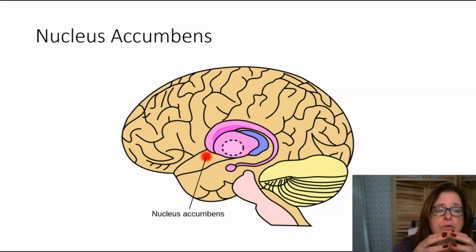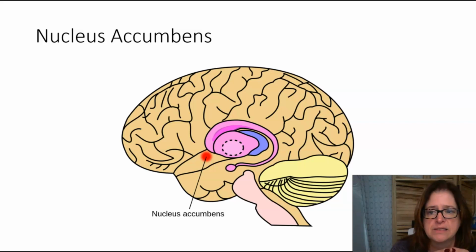The most widely recognized function is its role in the reward circuits of the brain. The nucleus accumbens is a huge component of a dopamine pathway called the mesolimbic pathway.